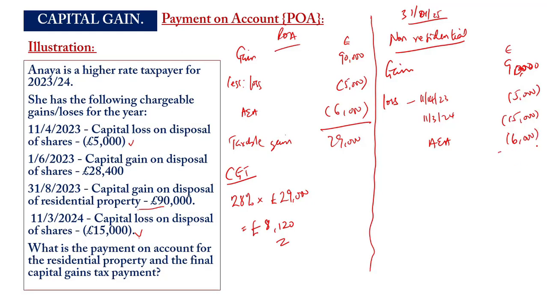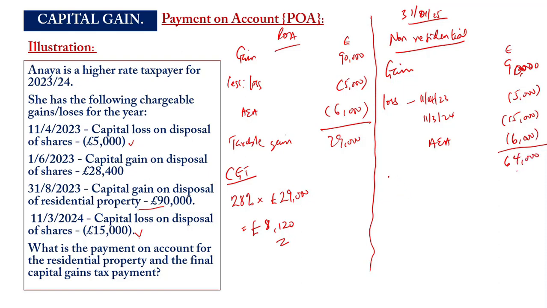When you do this, what are you going to get? £64,000.